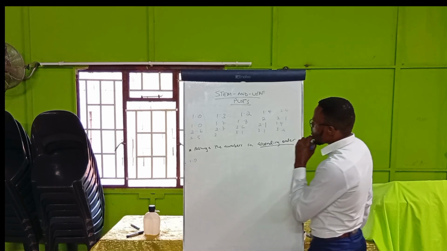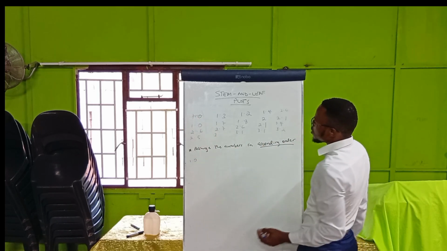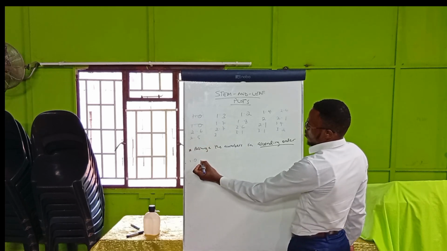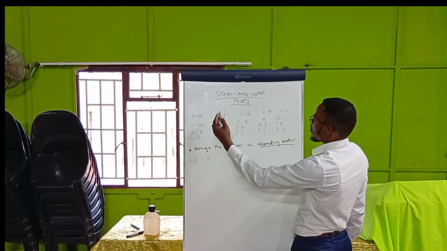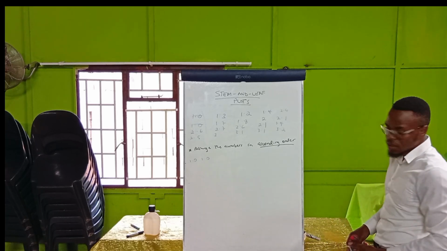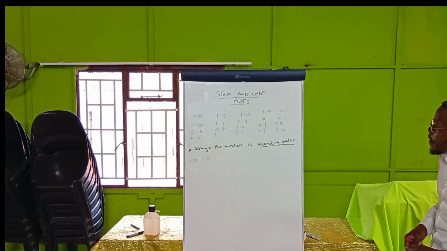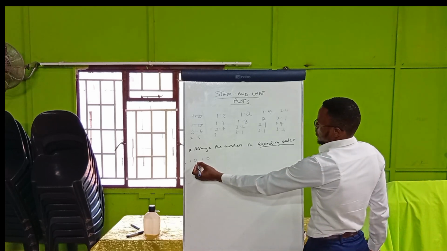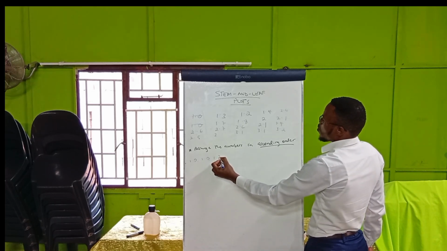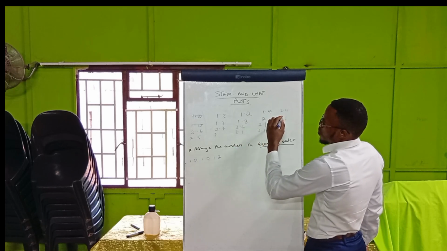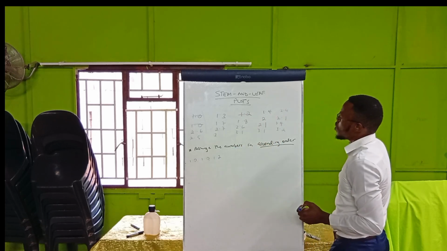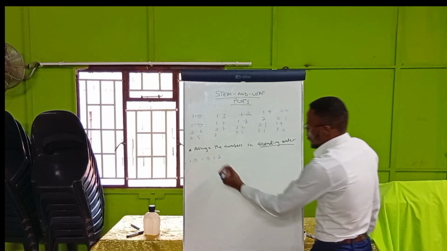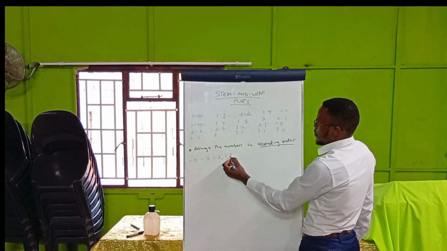1.0. Now we have to find out how many 1.0s we have. In this column, we have another 1.0. Do we have any other 1.0? No. And then what's the next number? 1.2. Do we have another? No. Moving on, 1.3.